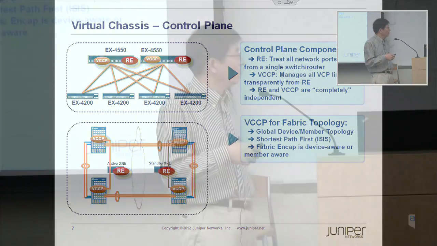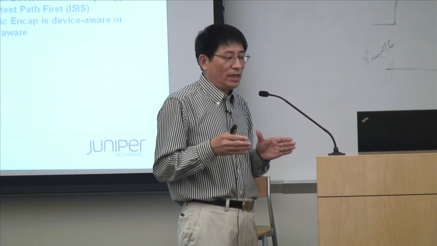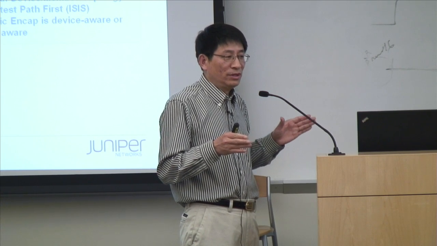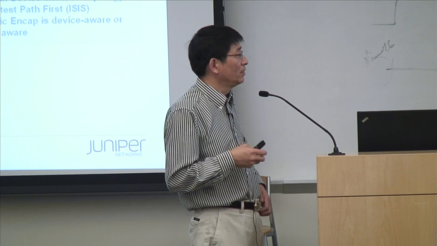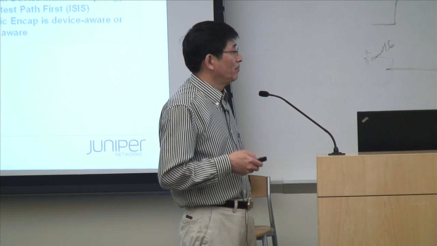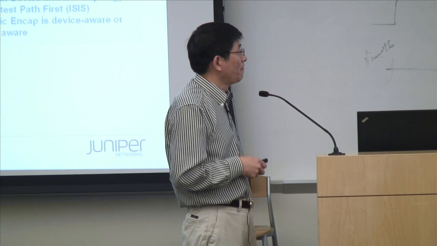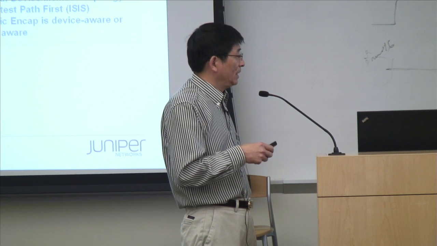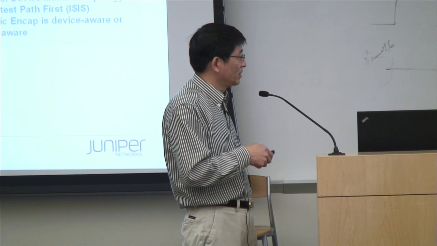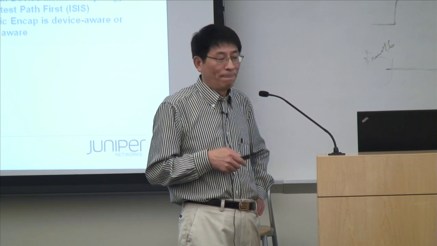Device topology gives you the benefit that you can find the shortest path between devices. A device is a PFE forwarding device, so you can find the best path for forwarding. And the key algorithm we use in discovering and managing the topology is shortest path first, SPF.